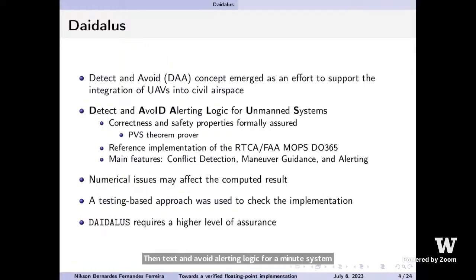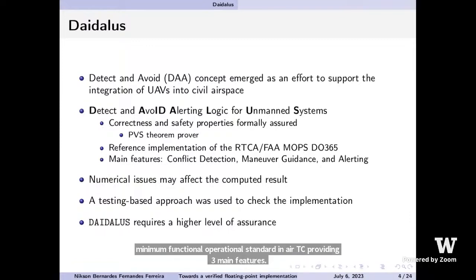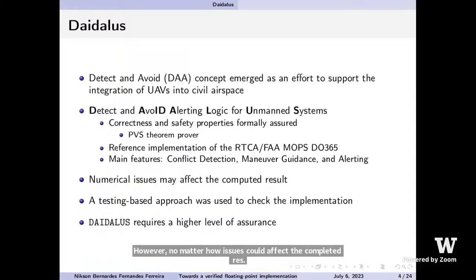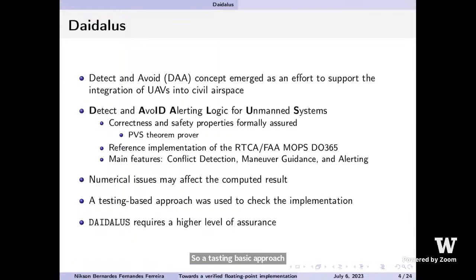One of its differentials is that its correctness and safety properties are formally verified using real arithmetic, and it was integrated as a minimum operational performance standard in RTCA, providing three main features: conflict detection, maneuver guidance, and alerting logic. However, numerical issues could affect the computed result, so a testing-based approach was used to check the actual implementation. However, safety-critical applications such as DAIDALUS require a higher level of assurance.